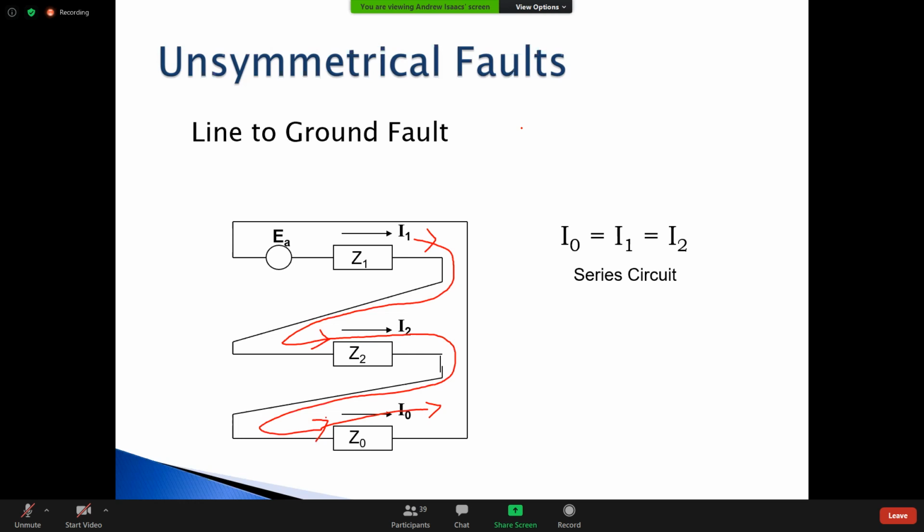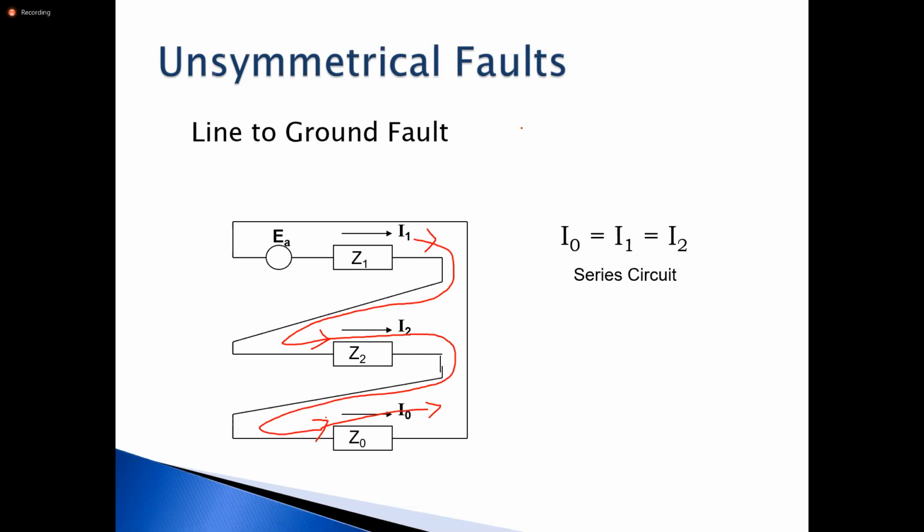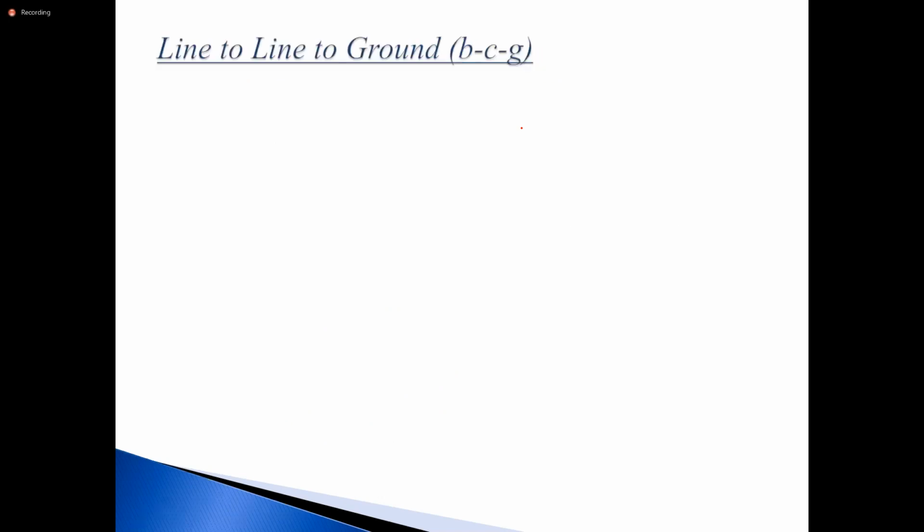So, as I said before, the other possibility is that you have two phases coming together. Are we looking at a line to line to ground? All right. So you now have two lines coming in contact with each other, but in addition, they are also in contact with ground. So we start out as before.